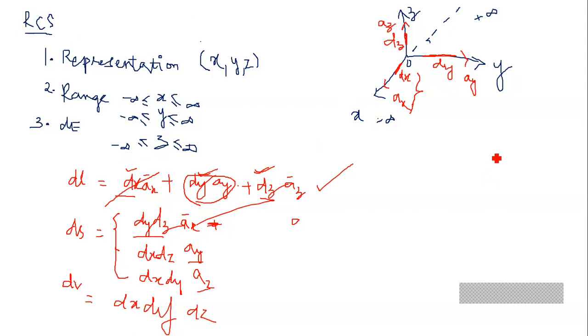And I would like to go to the next one, CCS, that is the cylindrical coordinate system. Similarly, even for the cylindrical system, you need to remember these three fundamentals. First one is representation. Let me write the shortcut as RPE. Then second one is range, and third one is differential element, DE.